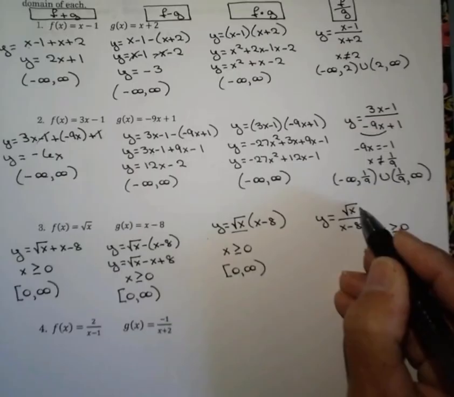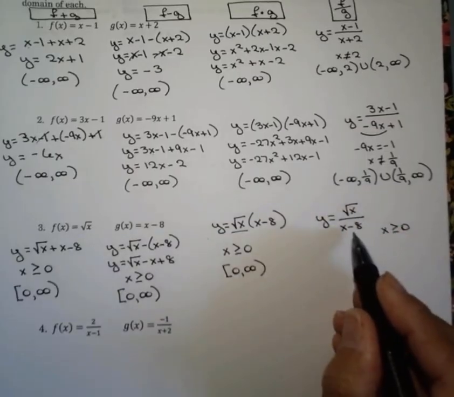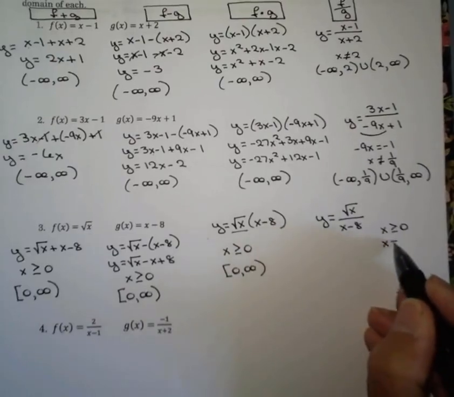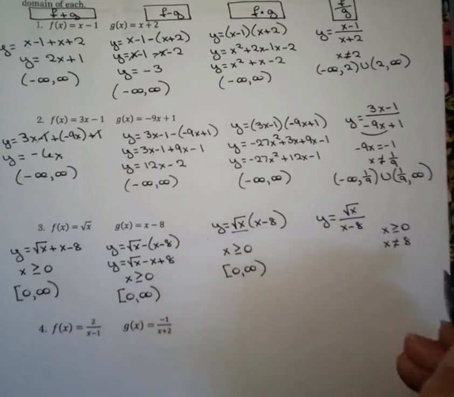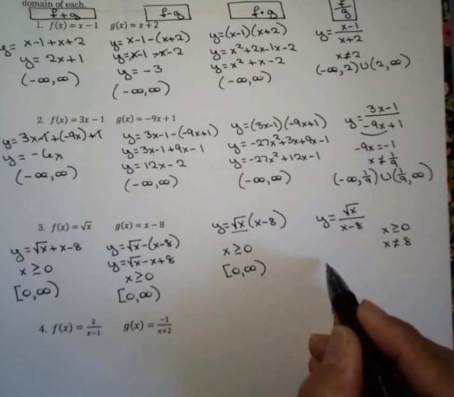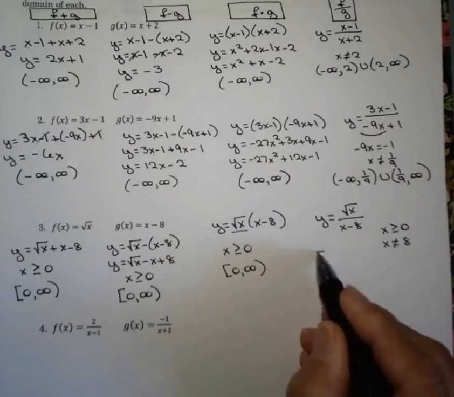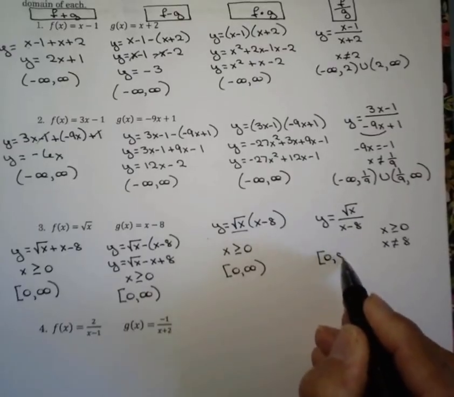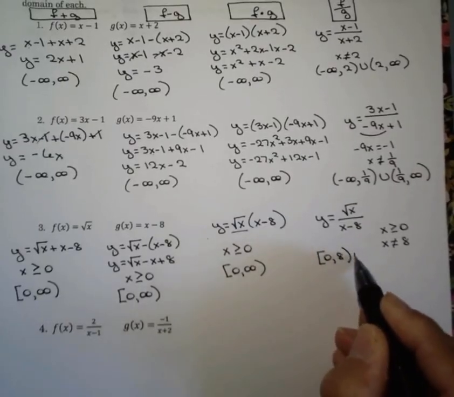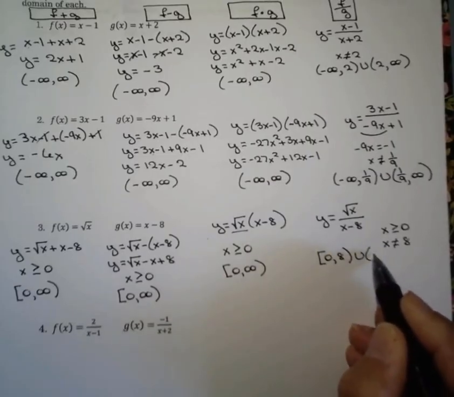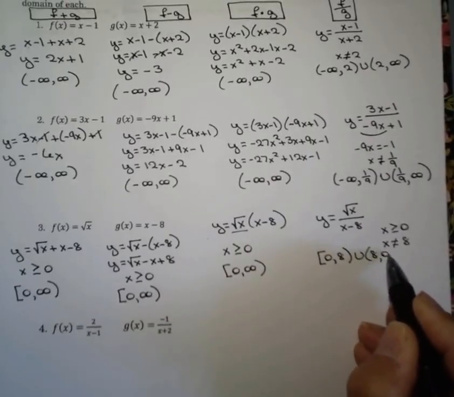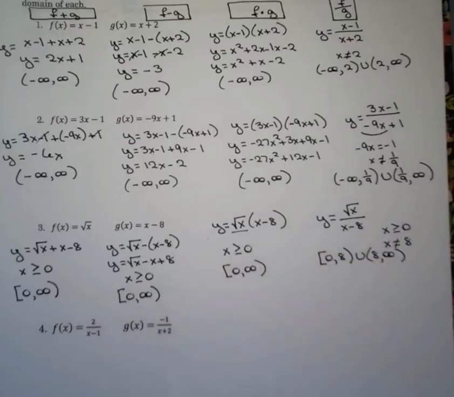That takes care of this issue. But what about my denominator? What is the other number that x cannot be? X can also not equal the number 8. So how do I write that in my notation? Well, I'm going to start with 0, and I'm going to go all the way to 8, but I'm not going to include the 8. And then I'm going to join that with just above 8 all the way to positive infinity.